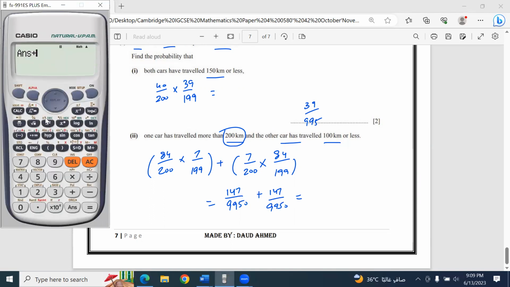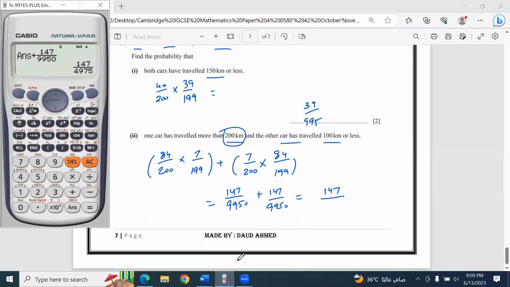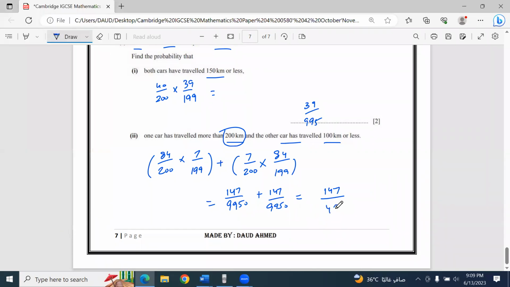We add the same thing, 147 over 9950 plus 147 over 9950. That gives me 147 over 4975. I hope you understand.